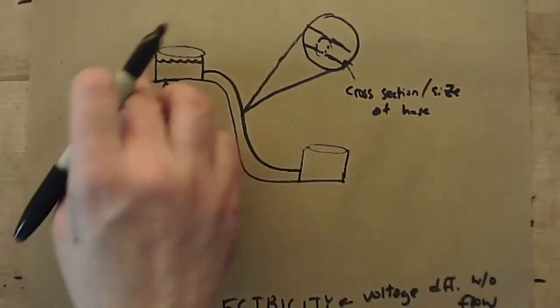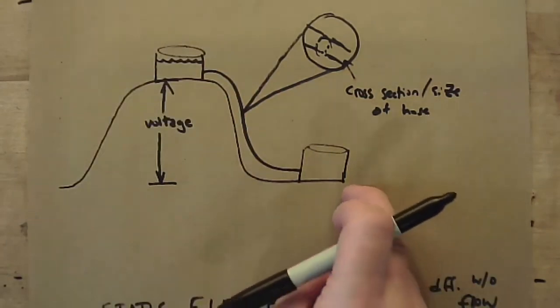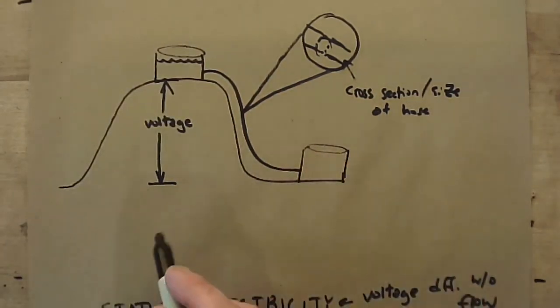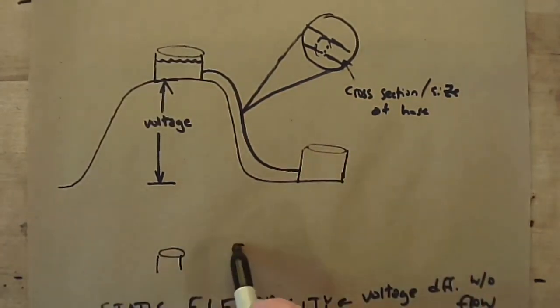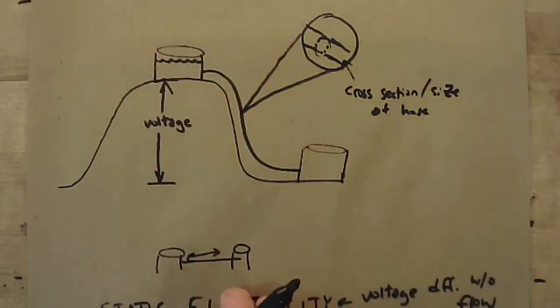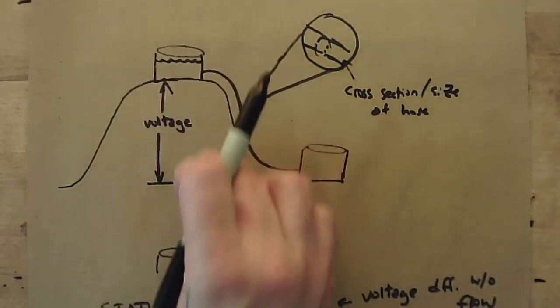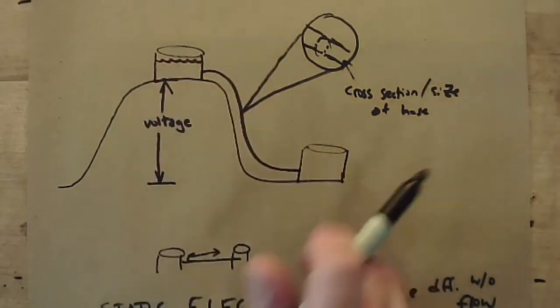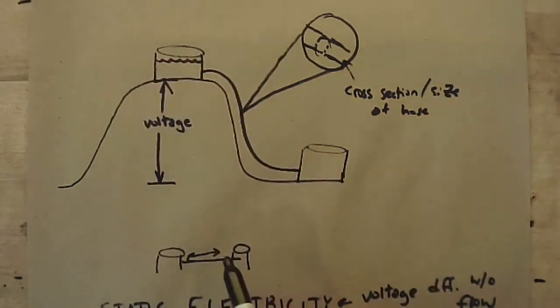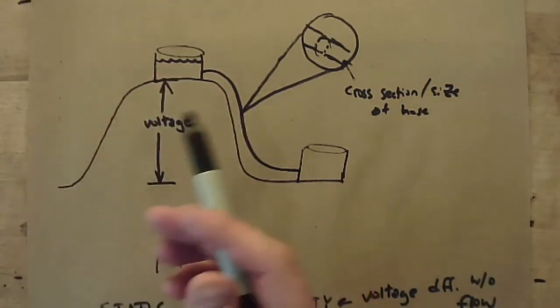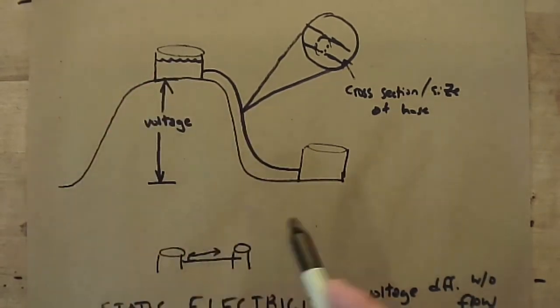If I had them both at the same level and connected them with a hose, there's no pressure to make this water flow either way. So if we go to the extreme here, where there is no voltage differential between the two, then there's not going to be any push. There's not going to be anything to make that water move.